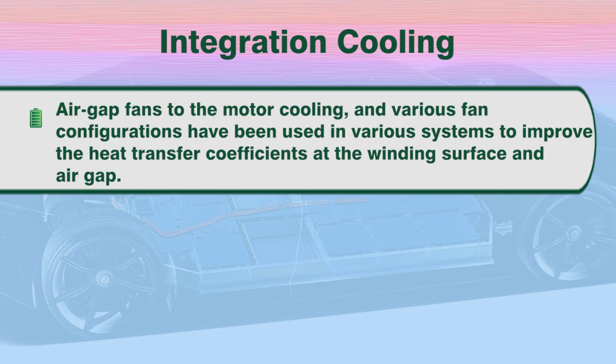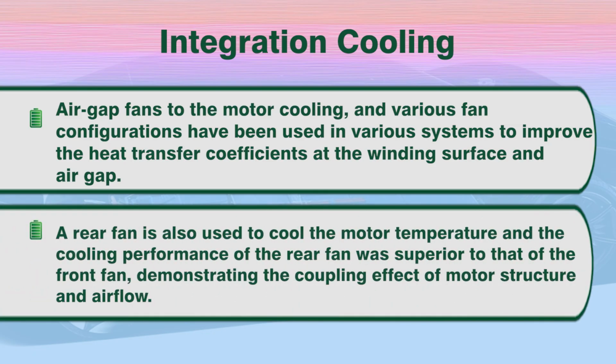The air gap affects the motor cooling, and various fan configurations have been used in various systems to improve the heat transfer coefficients at the winding surface and air gap. A rear fan is also used to cool the motor, and cooling performance of the rear fan was superior to that of the front fan, demonstrating the coupling effect of motor structure and airflow.